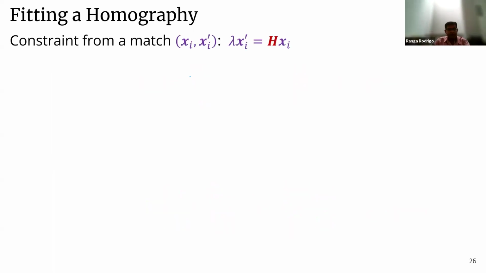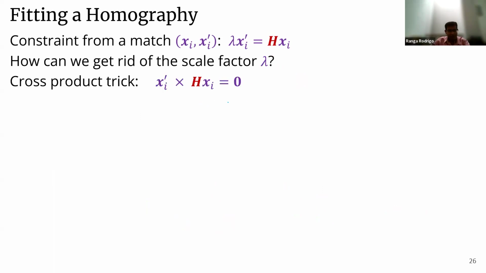Because of this lambda, we had to do a trick here. What we do is we take the cross product of this equation with xi prime. You know that the cross product between two vectors that are parallel is 0, when this angle theta is 0.